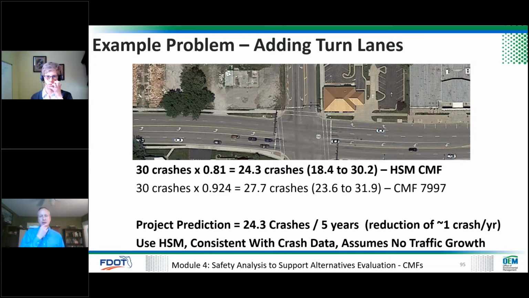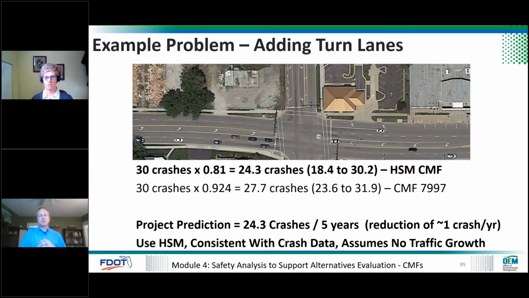But you kind of dig into it, you look at it, and you realize that the HSM is the published guide. This is consistent with the crash data. We know that there are crashes occurring regularly, or not irregularly, right? There are crashes occurring out there that we know are related to the absence of left turn lanes.